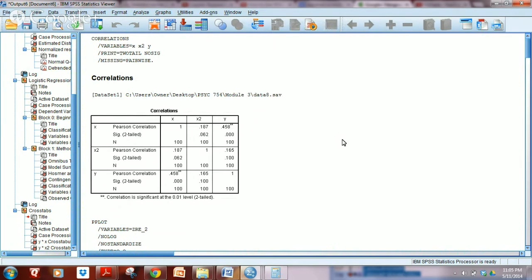So before I go into describing the output, I am just going to highlight from one of the articles that I read to help better understand this material. Karina Mood wrote an article on logistic regression called "Why We Cannot Do What We Think We Can Do and What We Can Do About It."